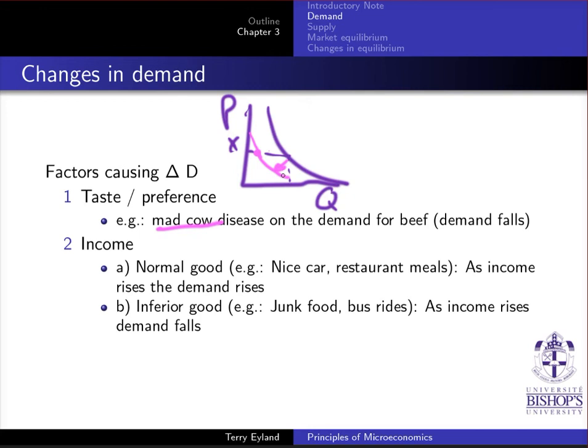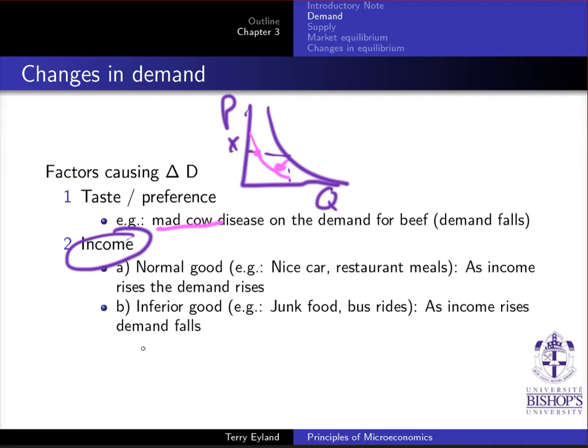Another big one, and it's the one I was getting to a second ago when I was talking about myself, my change in demand for wine, for computers, for digital cameras and things like that, has been mainly due to the fact that over the years, going from a student to being a professor, my income level has changed.